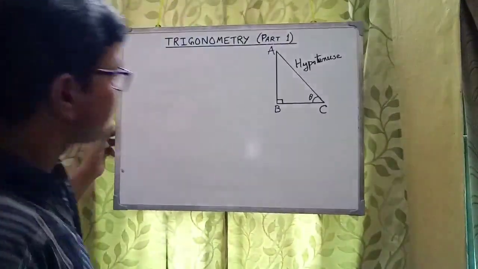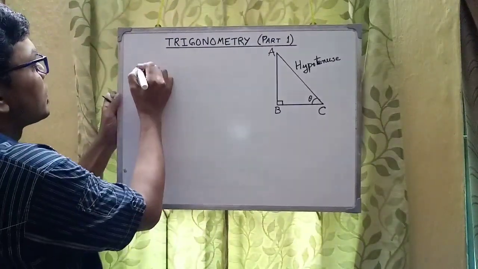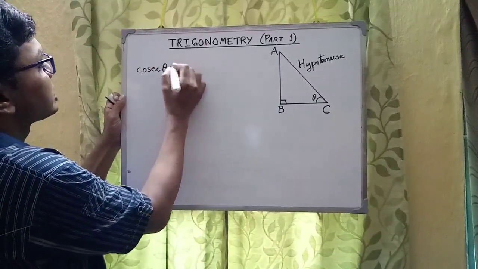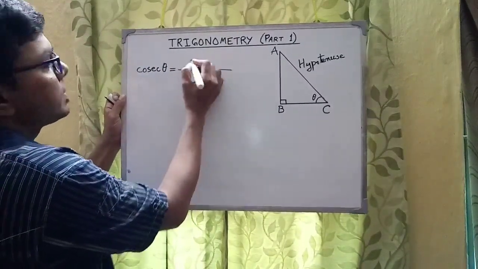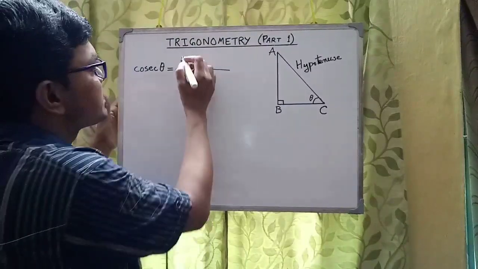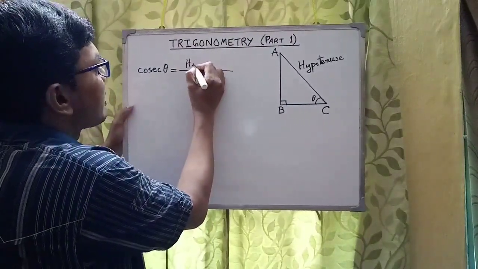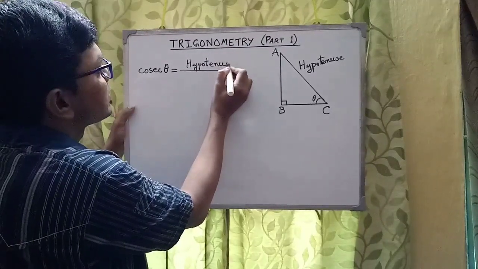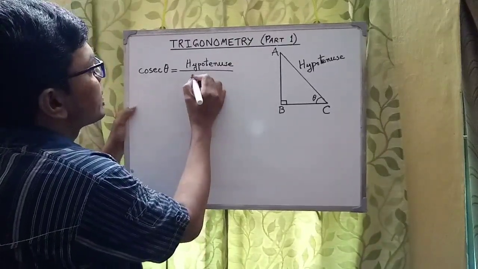We have cosec theta, meaning now we define cosec theta, which means hypotenuse by opposite.